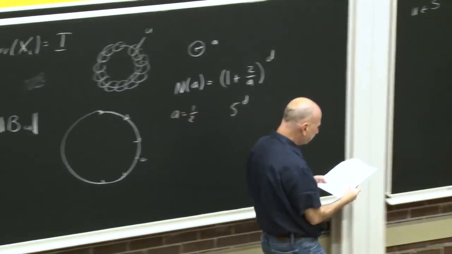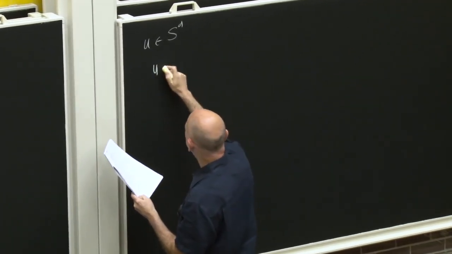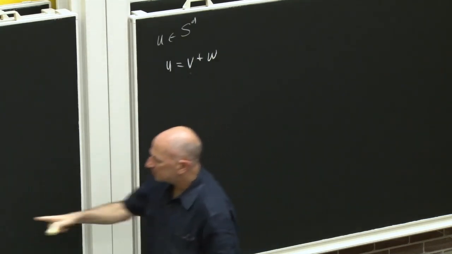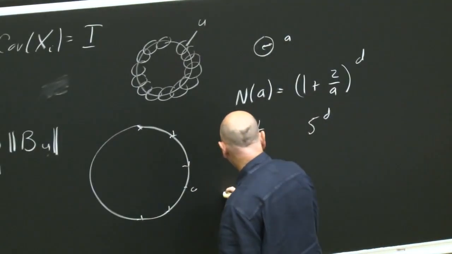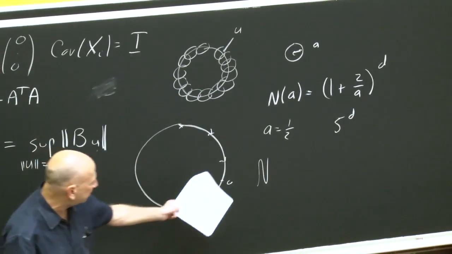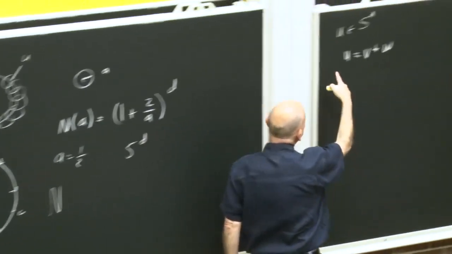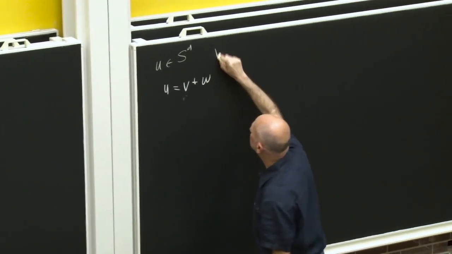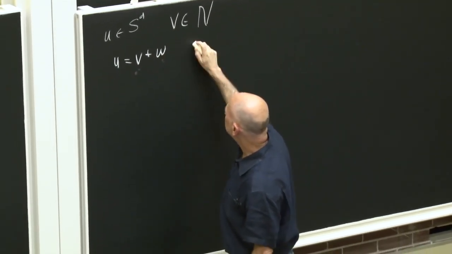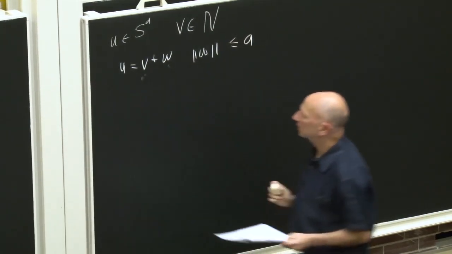So I can take any u in the set and write it as v plus w, where v is in this finite set. I'm going to call this finite set script N in the notes. I can't make a script N so well on the blackboard. So I can always write any u as the closest guy in the net, which will be in this script N, plus what's left over, which by definition is going to be less than A. We picked them to be A apart.